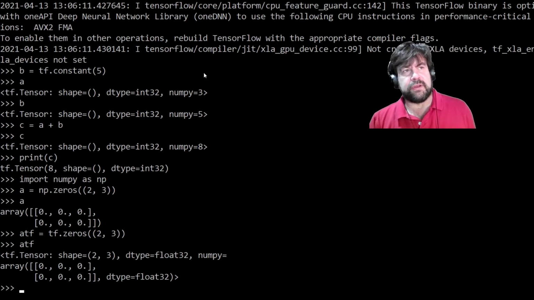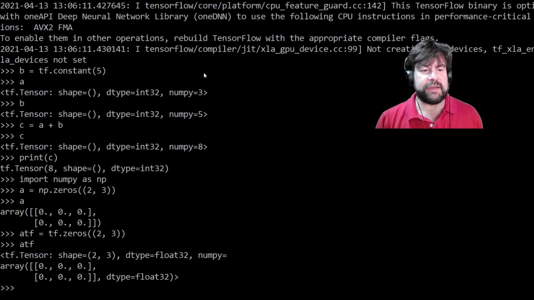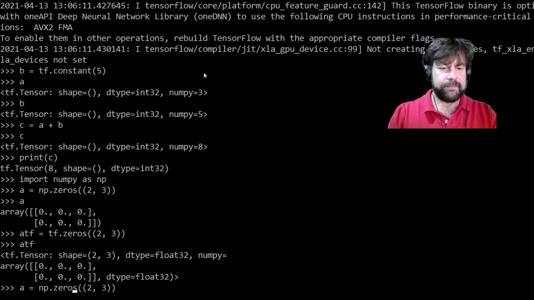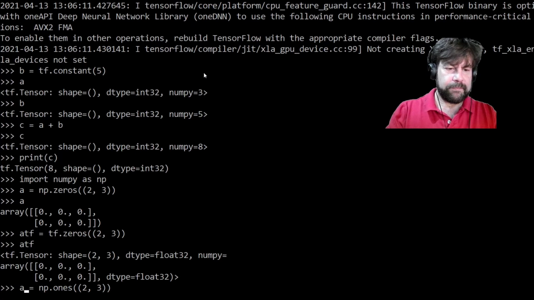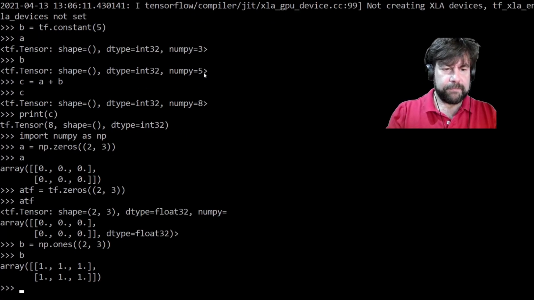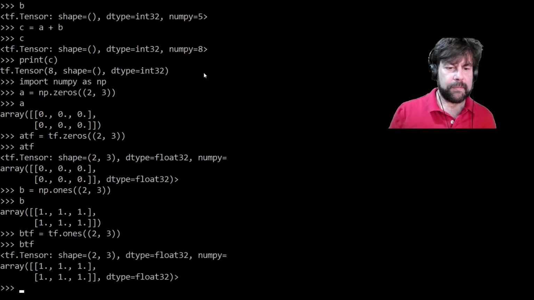A 2 by 3, 2 rows, 3 columns array of all zeros, and you'll be surprised to hear that this actually works with ones as well. Right, and we can do the same thing with BTF, right?